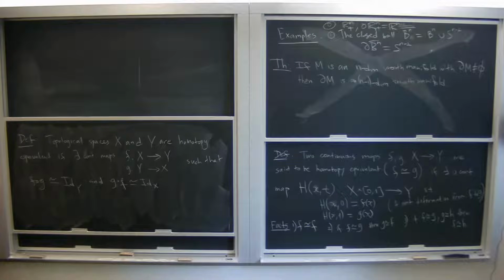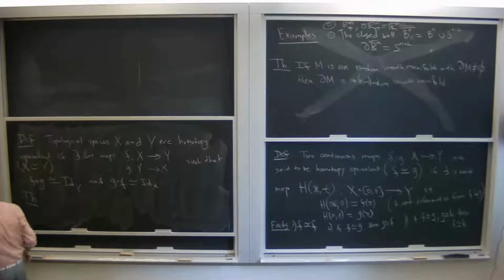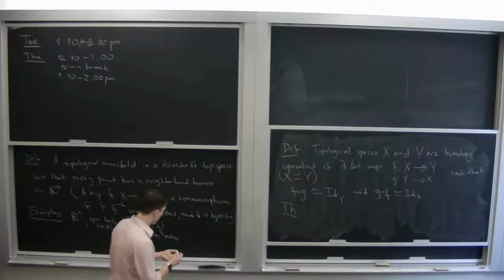Okay. In this case, the topological spaces are said to be homotopy equivalent, and again we will denote it using the same symbol. Okay, so there is the following theorem. By the way, I did not introduce the notation for homeomorphisms. Let me just move a little bit to the left.